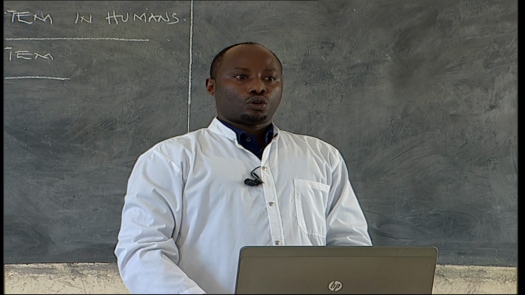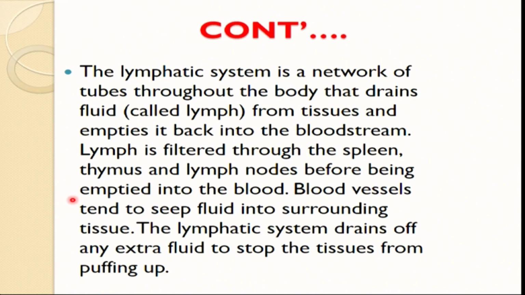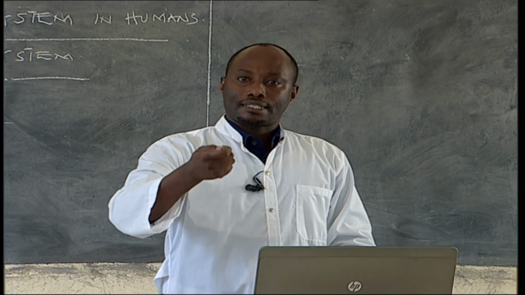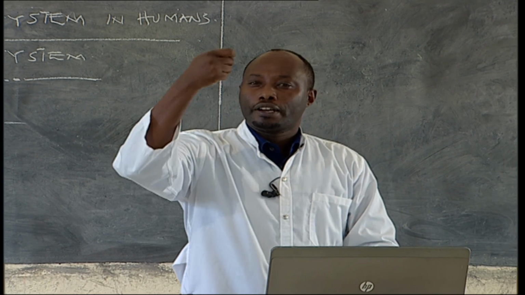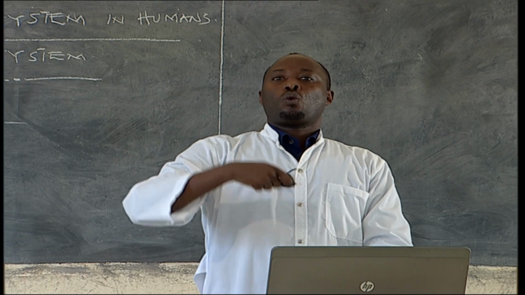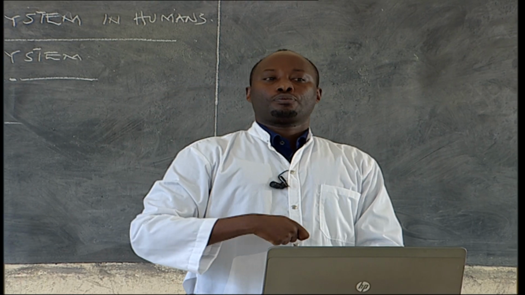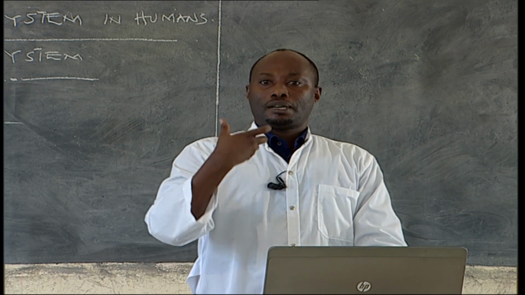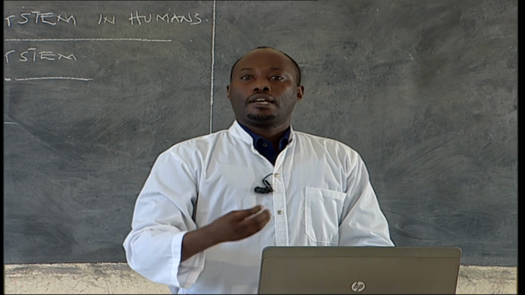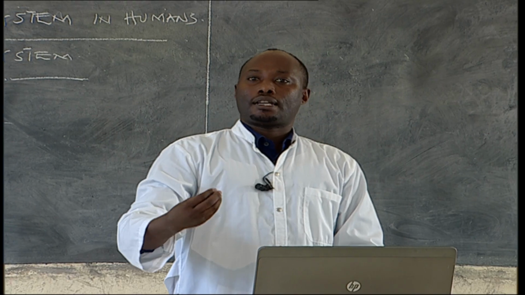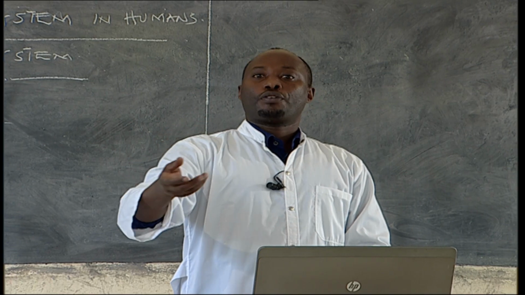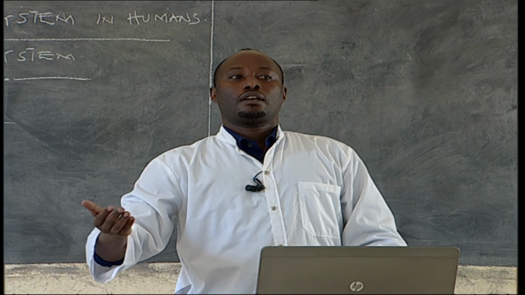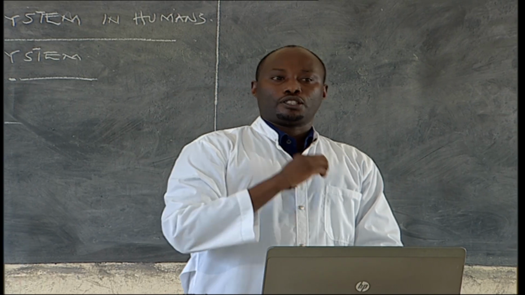Before the lymph fluid comes back into the bloodstream, it is filtered. What filters the lymph fluid? We have the spleen, the thymus, and the lymph nodes. These are the organs responsible for filtering the lymph before it is emptied back into the bloodstream.